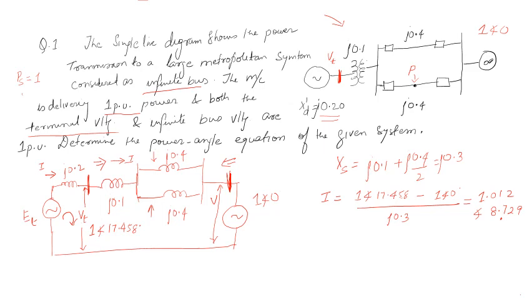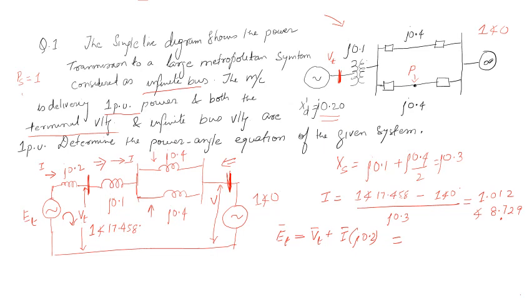So what you can write for ET, if you want to write the KVL equation, you will get ET is equal to VT plus I into X, and X I think is better to write as J 0.2. So this is our X.